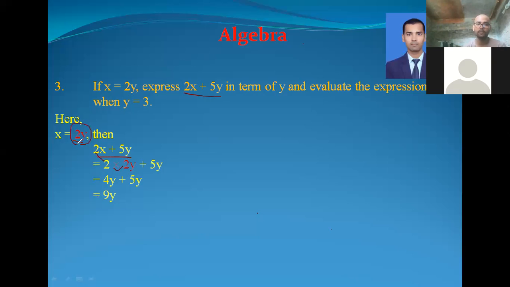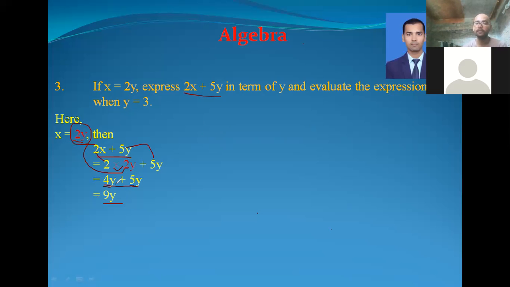That's why we have written the value of x here as 2y, and plus 5y is given here. In the same way, 2 into 2y is 4y, and plus this 5y is here. After adding 4y plus 5y, we have 9y as the answer.